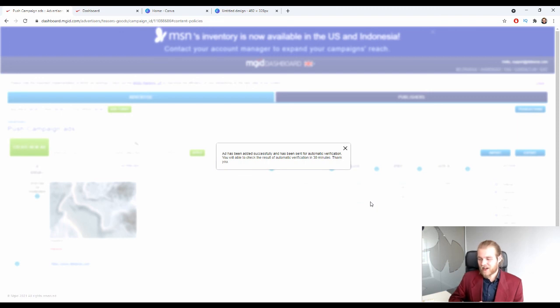So that is a very nice feature. I kind of miss the icon feature here in MGID, but I guess the fact that we have the rectangular image and a square image option, I guess that's for that feature. As soon as they need squared images as an icon, perhaps they will just use that.